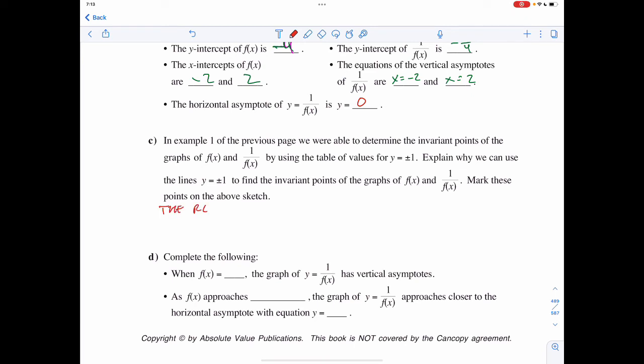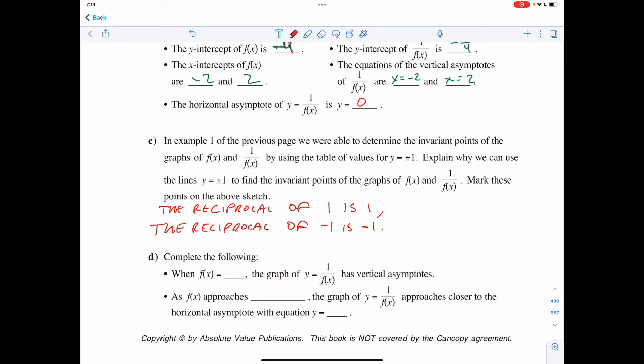The reciprocal of 1 is 1. The reciprocal of -1 is -1.